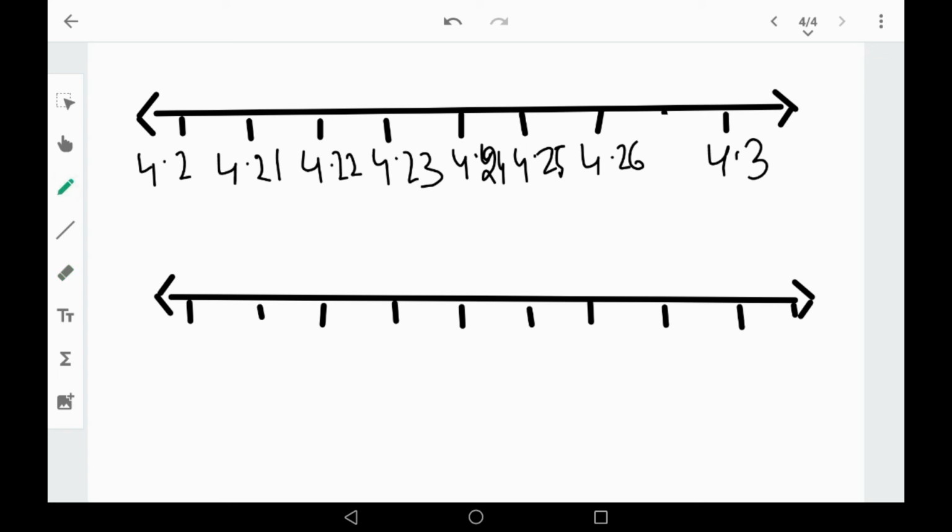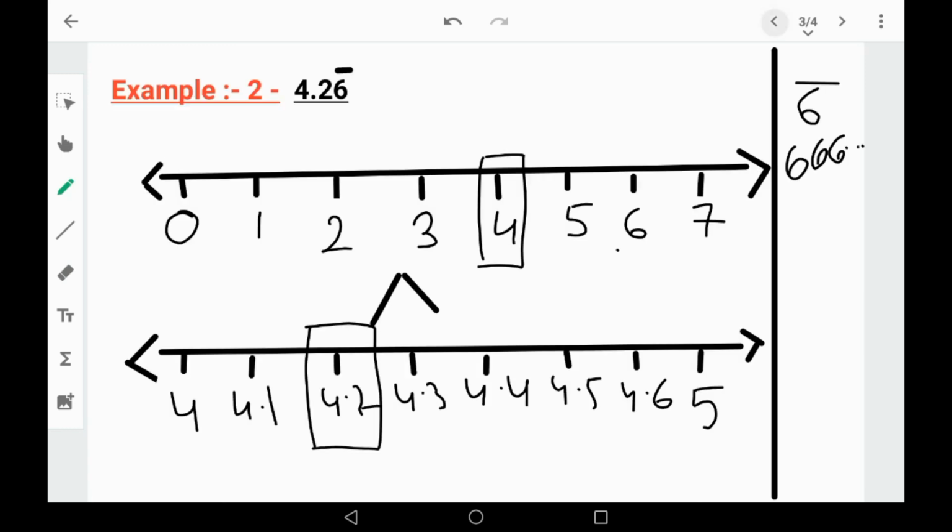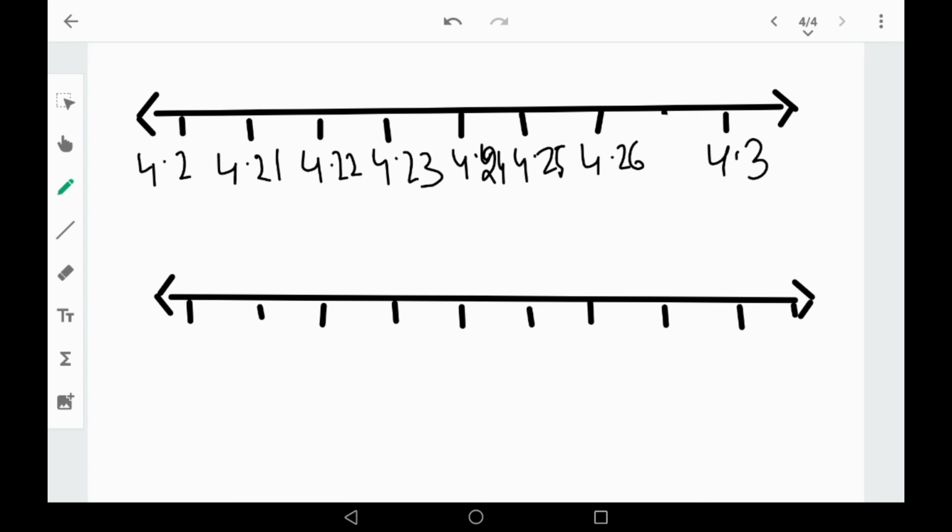Those will be the numbers between 4.2 and 4.3. Now in the question they asked 4.26 bar. Bar means nothing but repeating. So 4.26 is here. So I will mark it here.